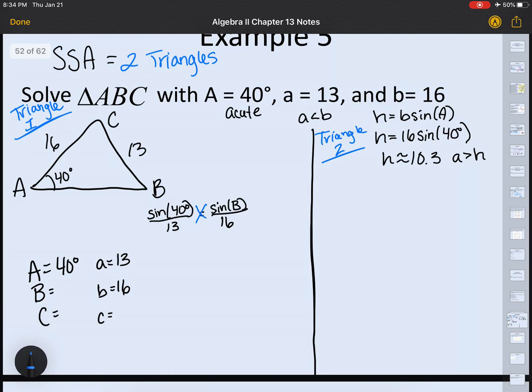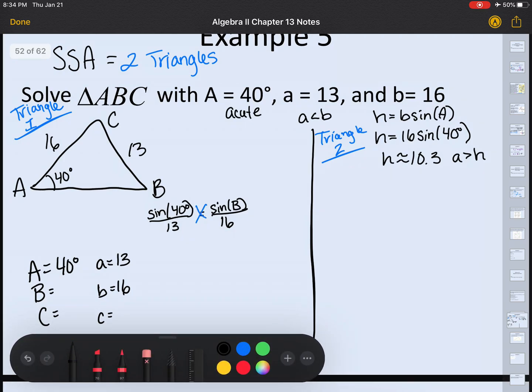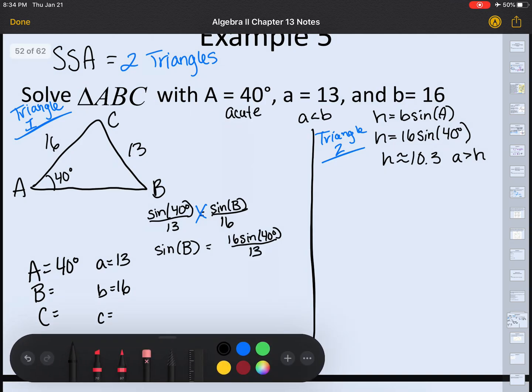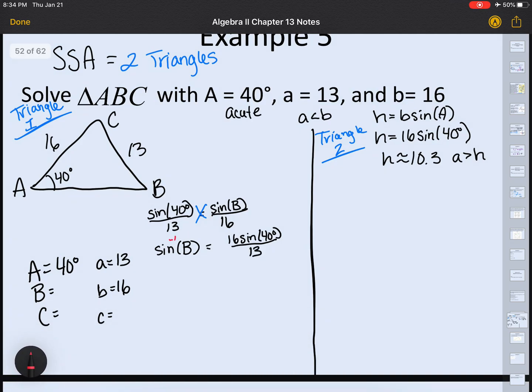Still cross multiplying though. So we got sine B equals 16 sine 40 degrees all over 13. And we do need to take the inverse sine on both sides to figure out the angle.